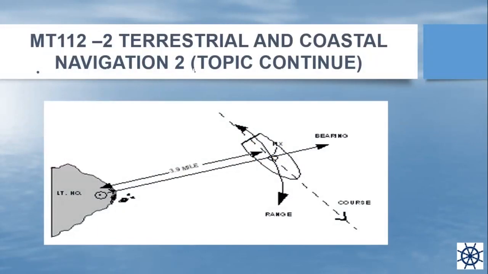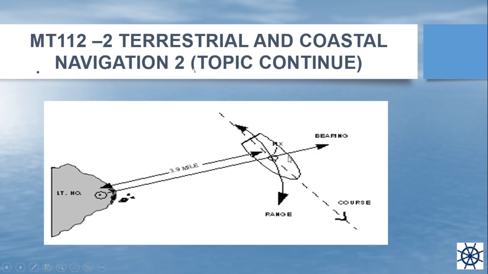Okay, we have an example on our presentation. Here, there are two main sources of the line of position. One is the bearing and another one is range.